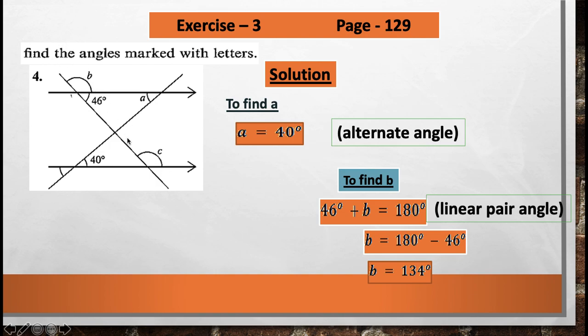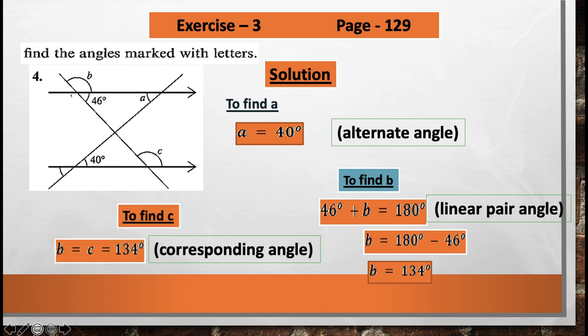What is the property of corresponding angles? Corresponding angles are equal. Angle B is 134, which we already found, so angle C is also 134 degrees.